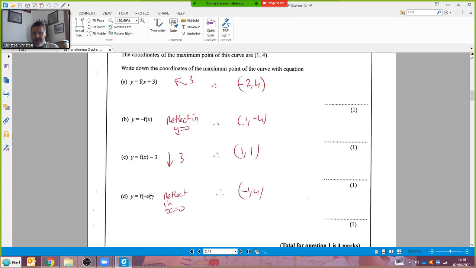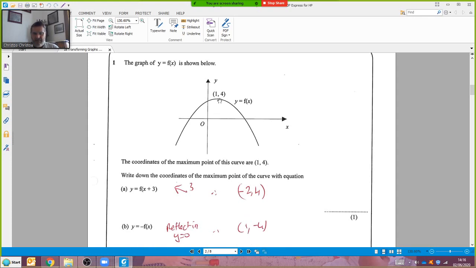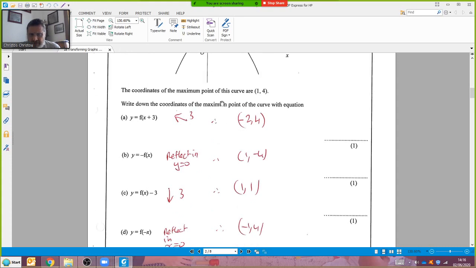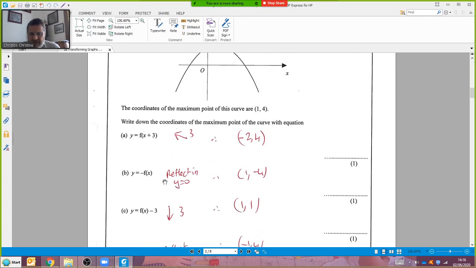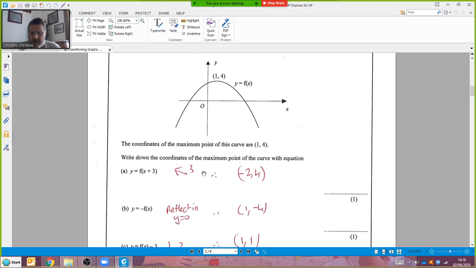Here, you may recall that is a reflection in the x-axis, f of minus x. So that little blob will end up, reflection of what, sorry? Reflection in the x, wait a minute, what have I done? Yeah, this should say reflection in the y-axis. Oh, I've crashed a little bit. Reflection in y equals 0.